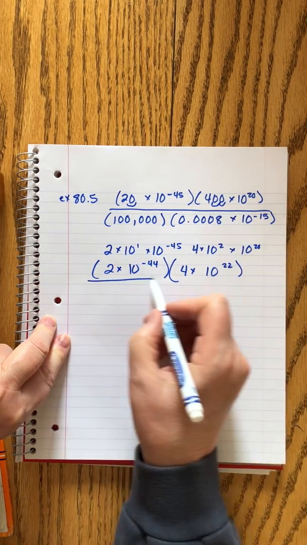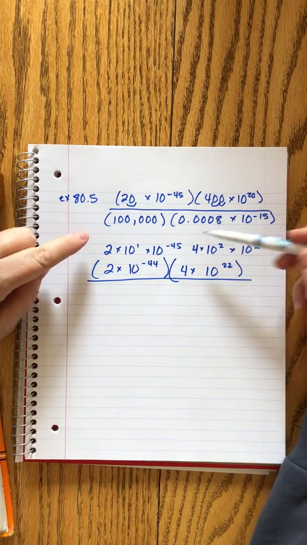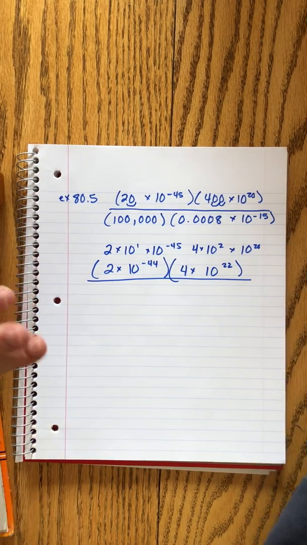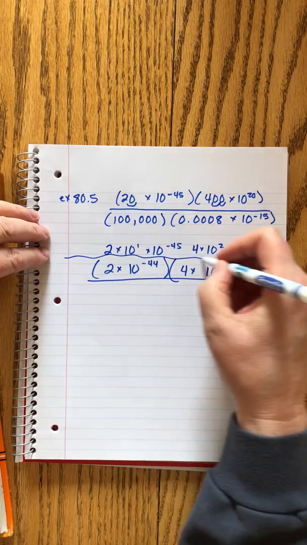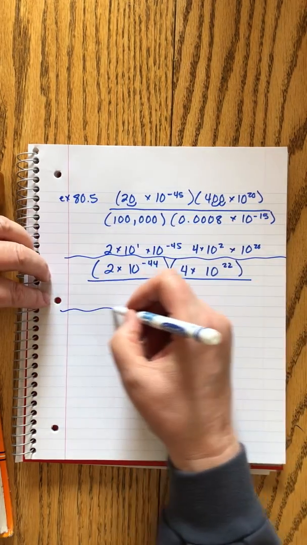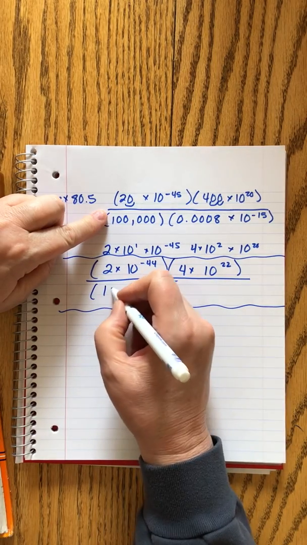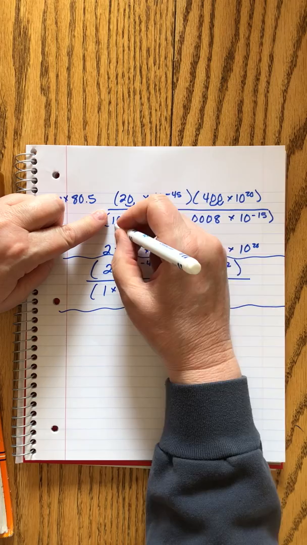Good. Now I'm going to do something that's somewhat confusing. When I make my little notes, I'll just make them up here. Let's see what happens. But I want my next step of numbers to be right here. This is 1 times 10 to the 1, 2, 3, 4, 5.